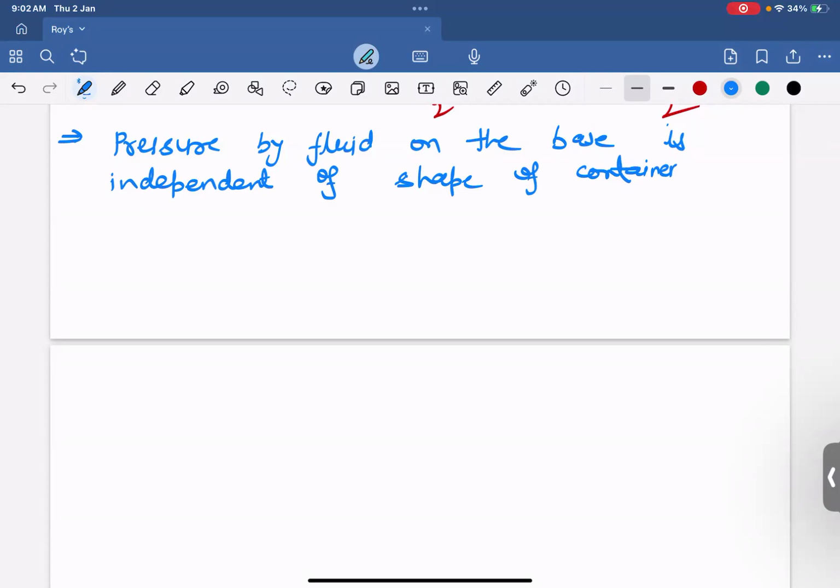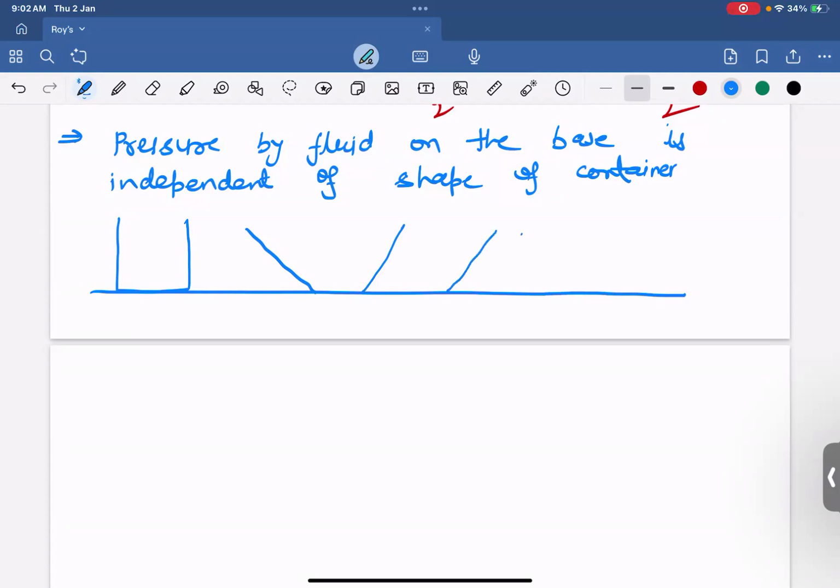It means that if I have one container in this shape, one container in this shape, one container in this shape, or some irregular shape container like this, in all containers I have filled the same liquid up to the same height. Density should be same and height is also same.